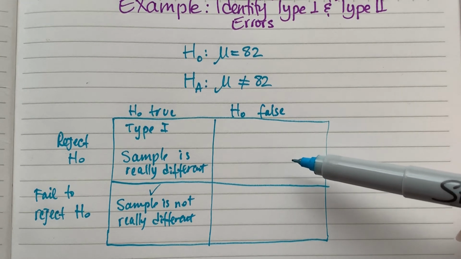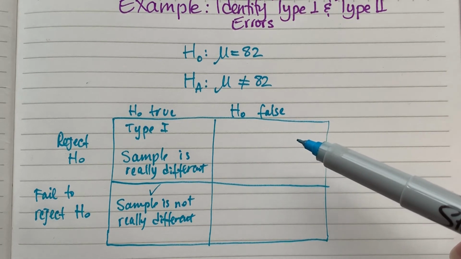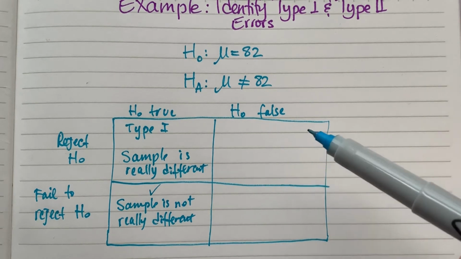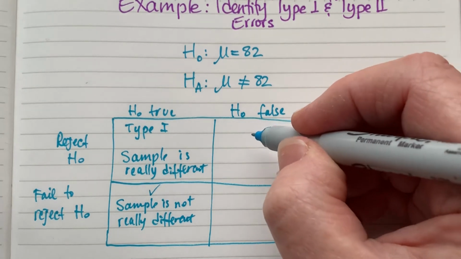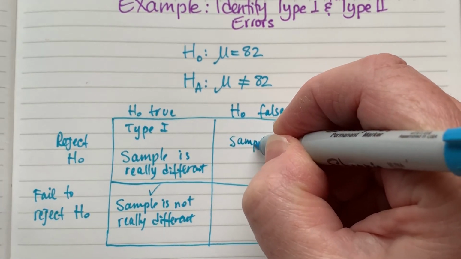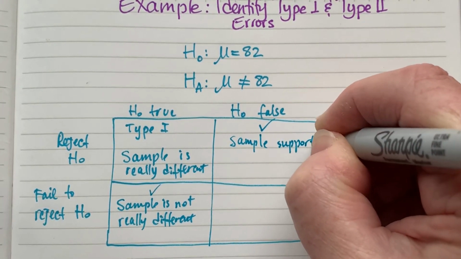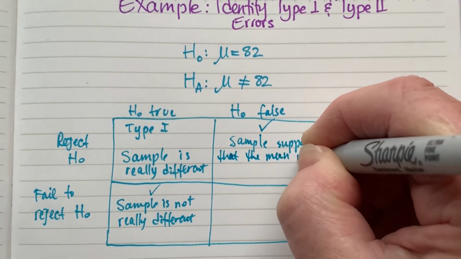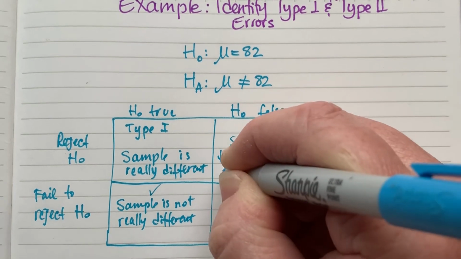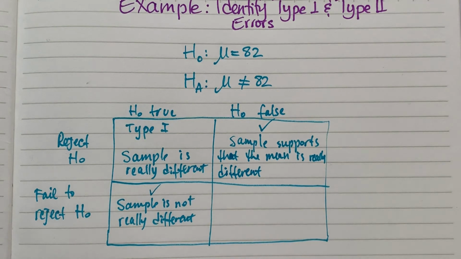My sample is significantly different from 82 per minute, and I believe that the medication really changes patients' pulse rate, that the medication is really working. This is a correct decision, and my sample supports that the mean is truly different. I rejected, fantastic. This is the correct decision to make in this case.